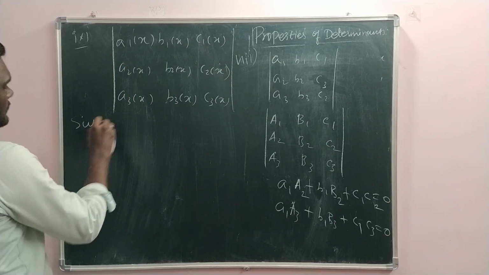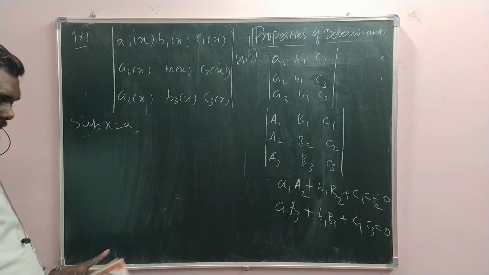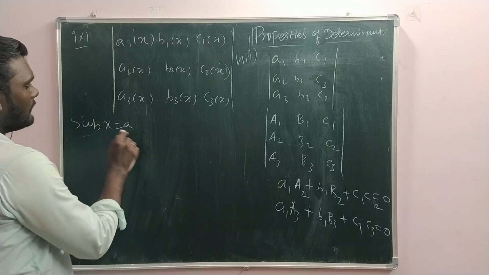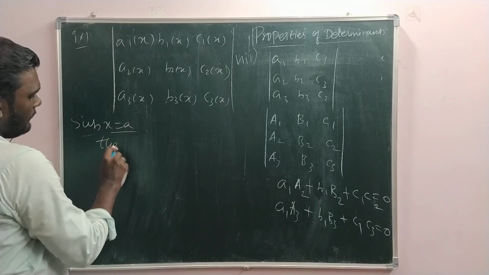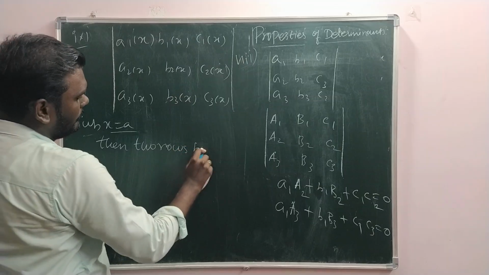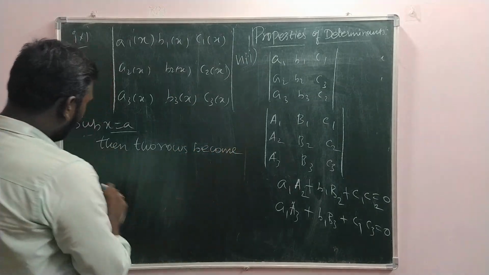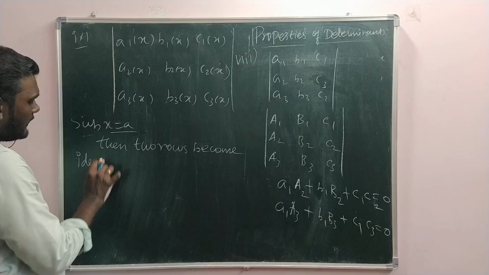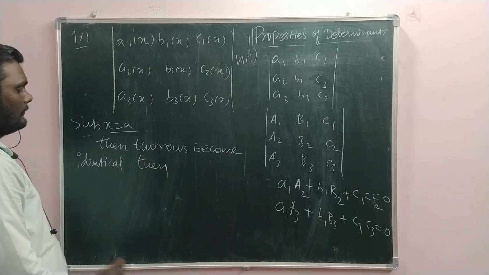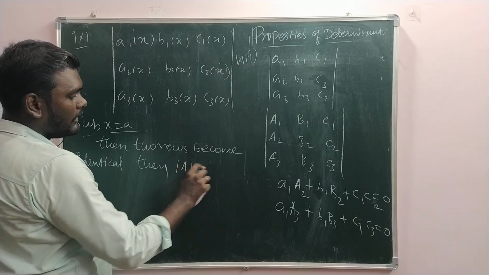When you substitute X is equal to A, two rows of the matrix become identical. So what happens when two rows become identical? Then the determinant value is 0.